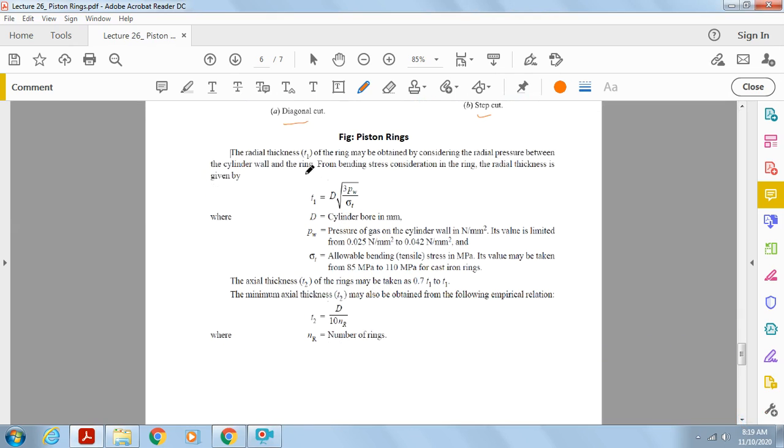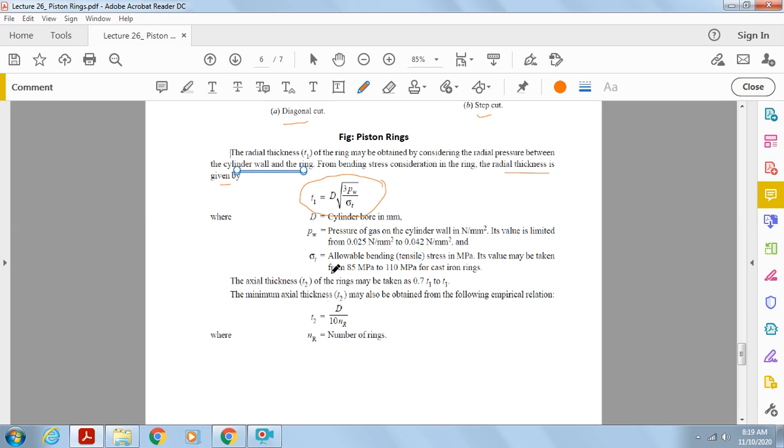The radial thickness, that is T1 of the ring, may be obtained by considering the radial pressure between the cylinder wall and the ring. From bending stress consideration in the ring, the radial thickness is given by T1 equal to D times square root of 3 PW divided by sigma T. So T1 is the radial thickness, provided in millimeter.